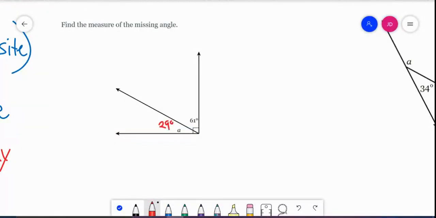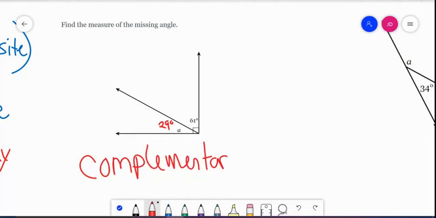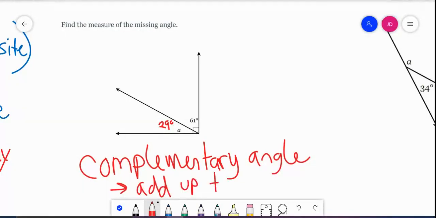These two angles right here are called complementary angles. These add up to 90 degrees.